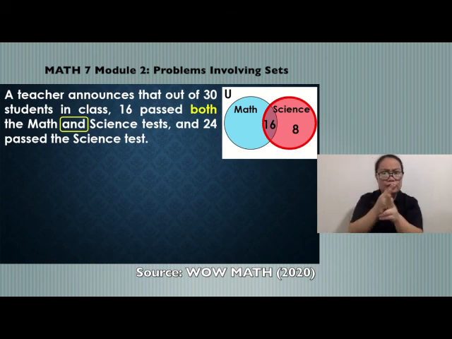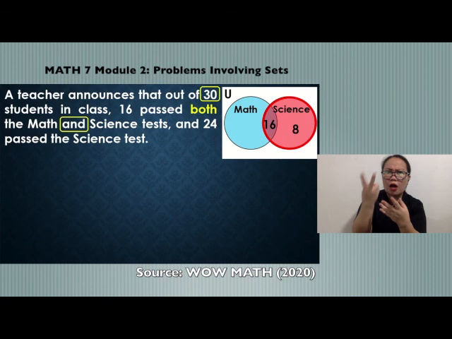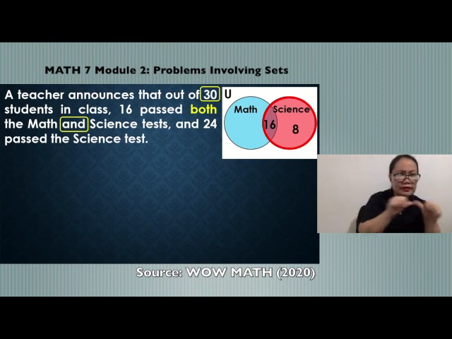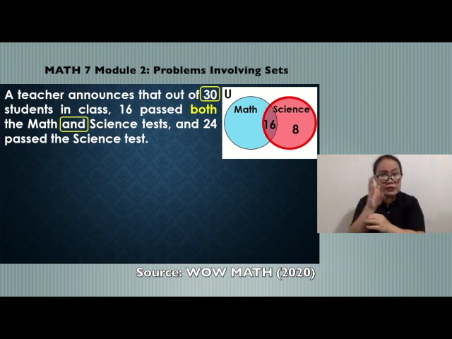And then, since our universal set is 30, before you answer the questions, check right away how many are in the complement. The complement is those outside math and science, or outside the data. Okay? So, 16 plus 8 is just 24. So, how many are outside? We have 6. And that is this 6 here. What could this 6 be?